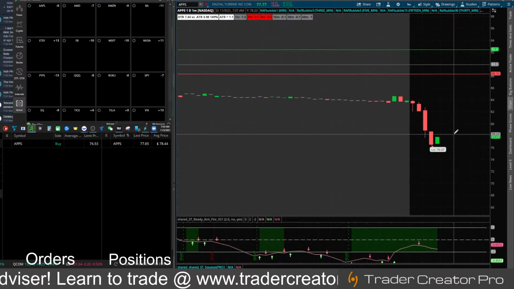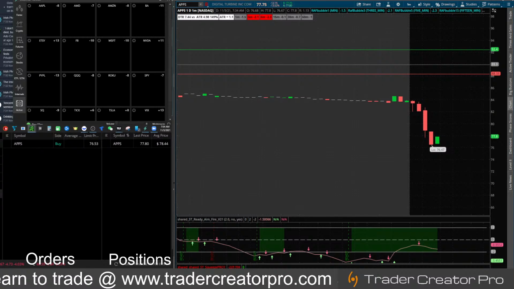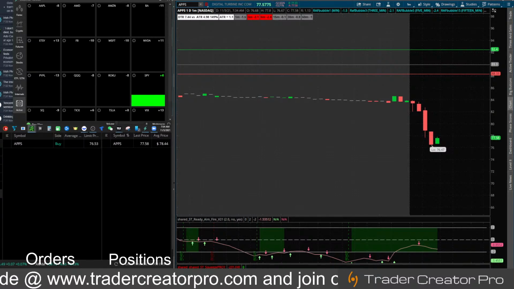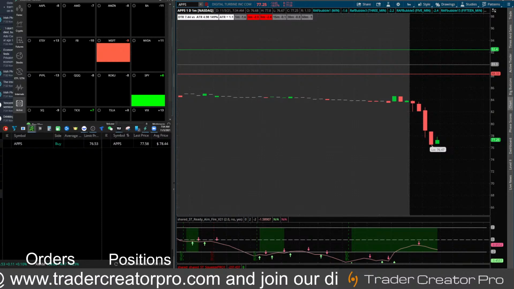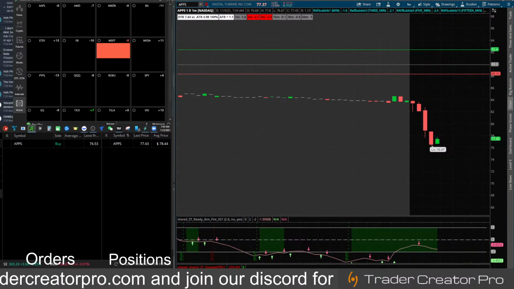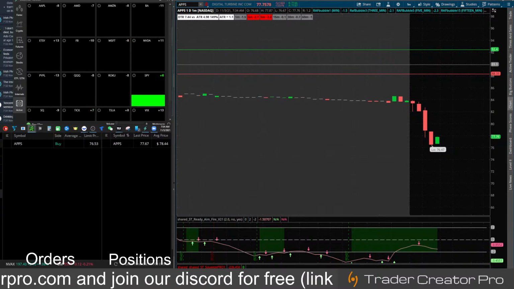Here goes the bounce in APPS. I didn't get my fill on the add, so I'll be getting out break even. Okay, BBBY still, it's trying to hold this 23 area.